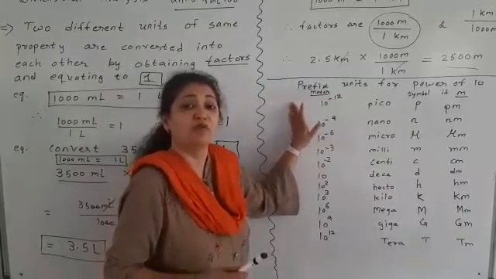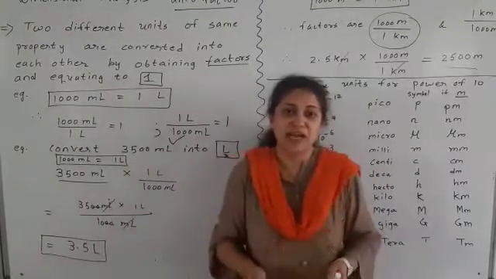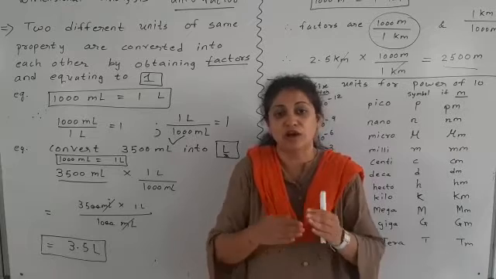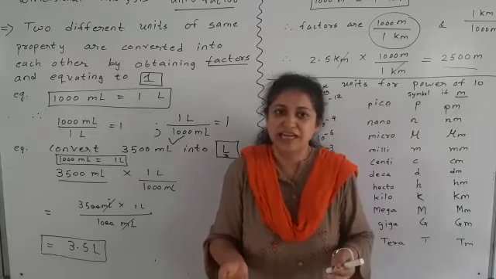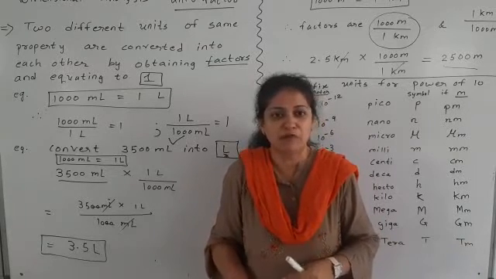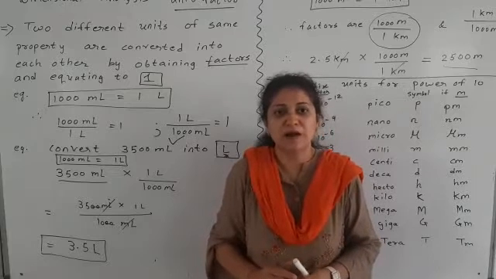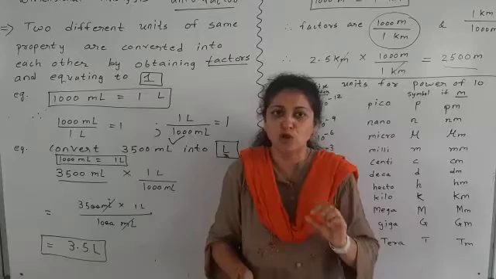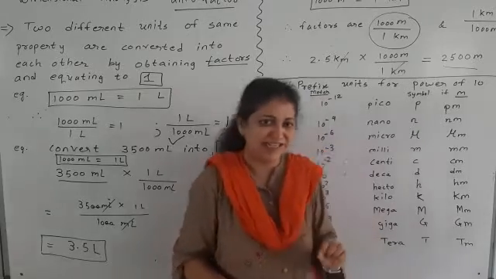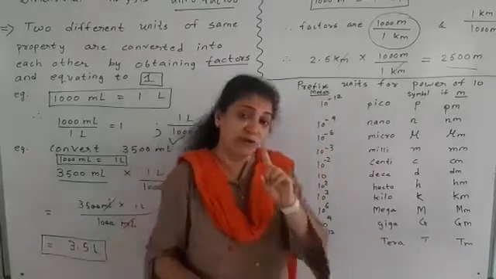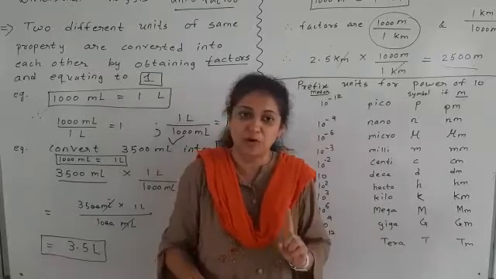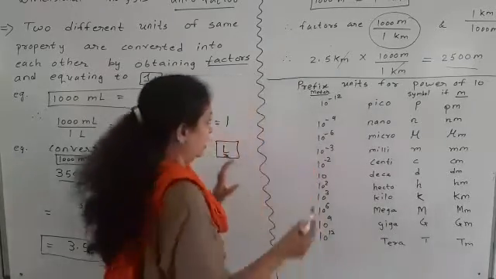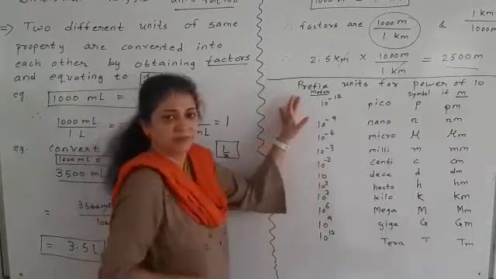Next, many a times we have to express a very small quantity or a very large quantity. At that time we express it in terms of powers of 10. These powers of 10 are given specific prefixes and also a symbol. Let us see the prefixes for one particular property, meter.